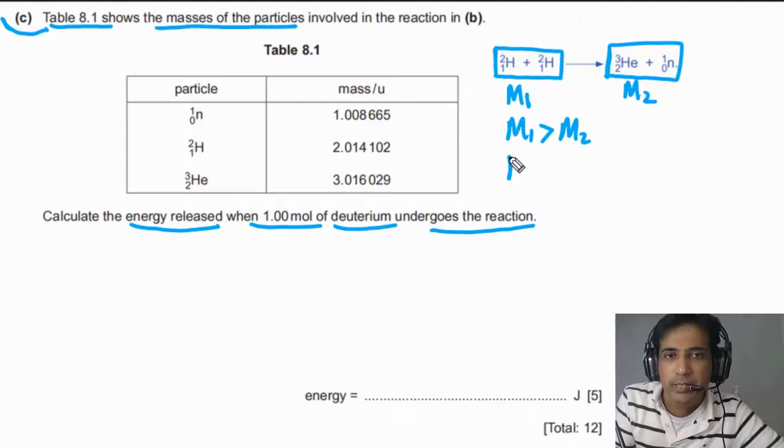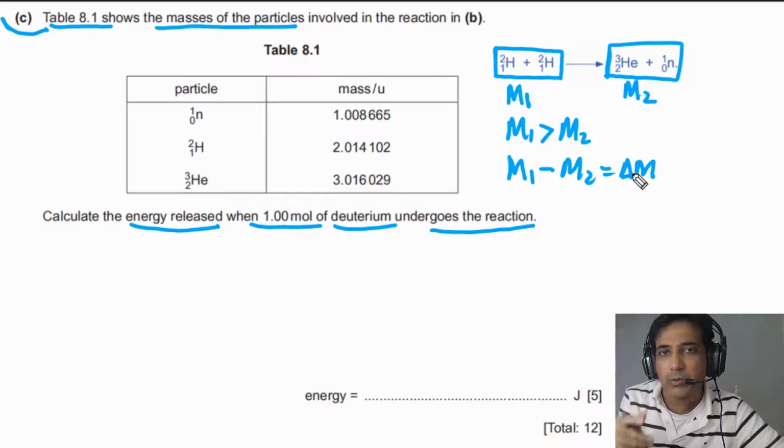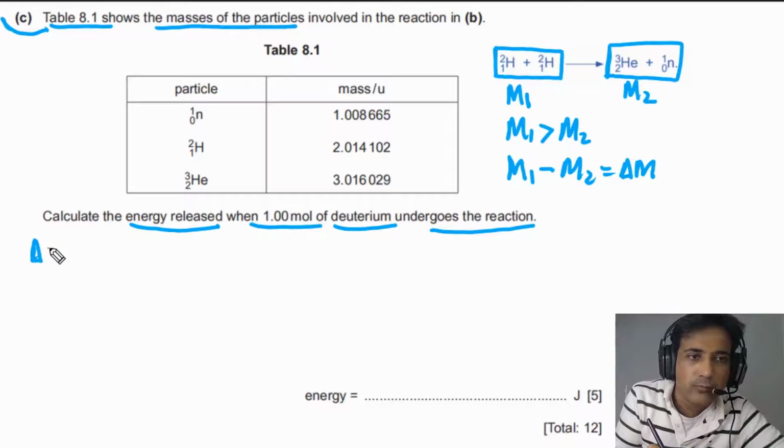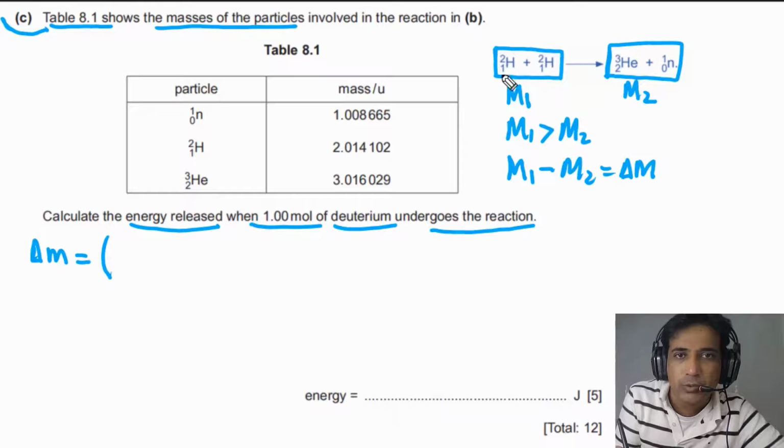So we can calculate mass difference. So we can say M1 minus M2. This one will be equal to mass difference, or we can also call this mass defect. Now let's try to calculate first of all mass difference or mass defect. So we have to consider mass of these 2 nuclei. So simply we can say 2 times 2.014102.